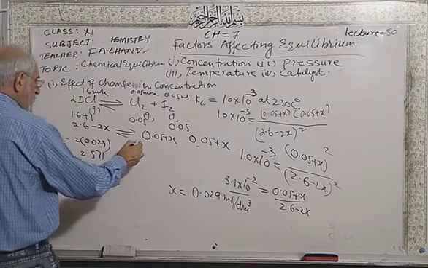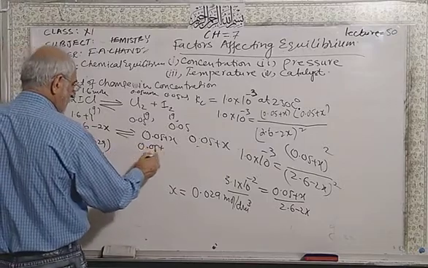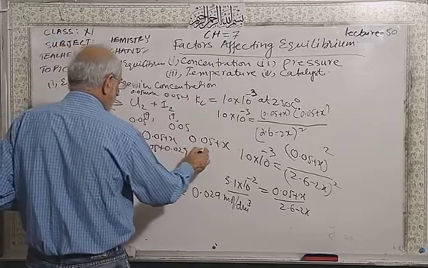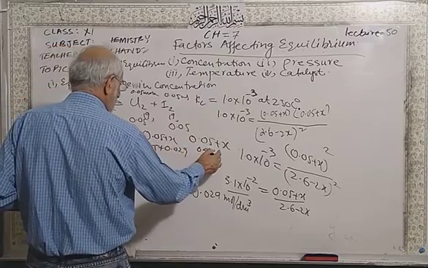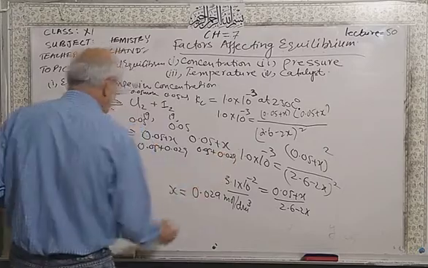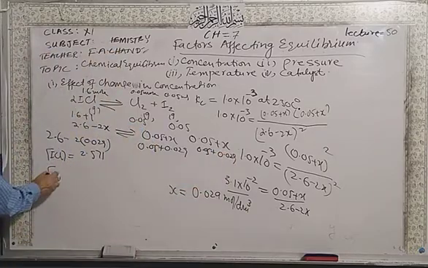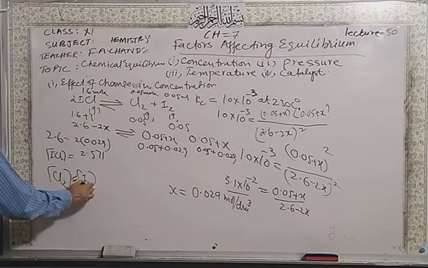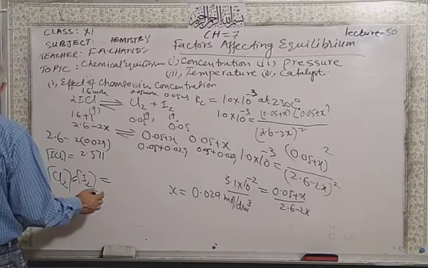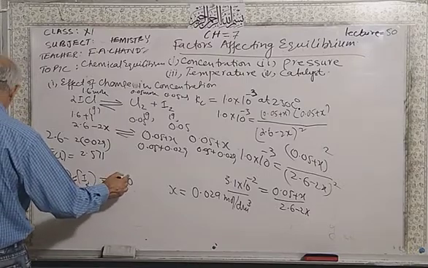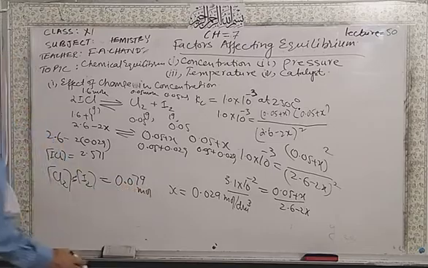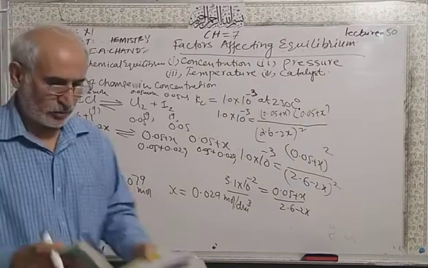Then you have to add 0.05 plus 0.029 also here. The concentration of chlorine and the concentration of iodine are both equal, and after addition you will get 0.079 moles per decimeter cube.